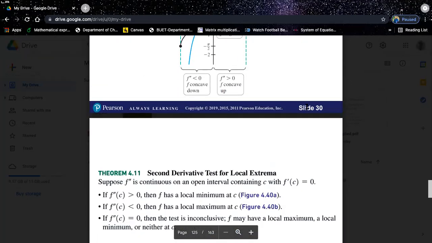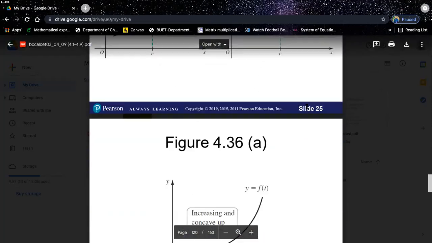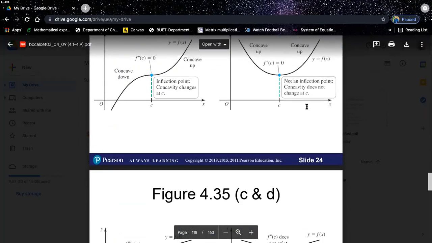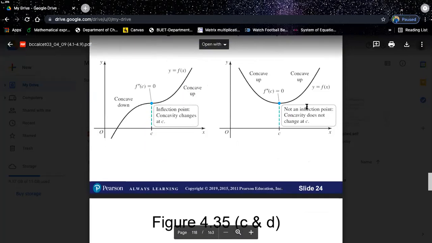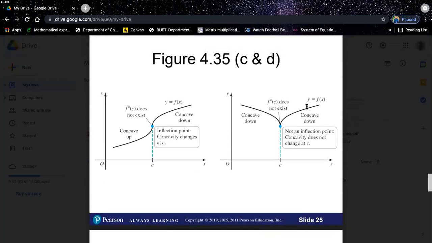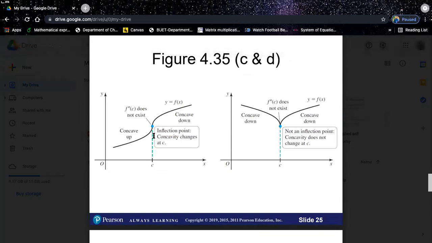Okay, so let's see a couple more graphs and then we'll see the algebraic approach. We'll just see some special cases now, okay? Like this one. You can see that it says the graph is concave up here and concave down here, okay?